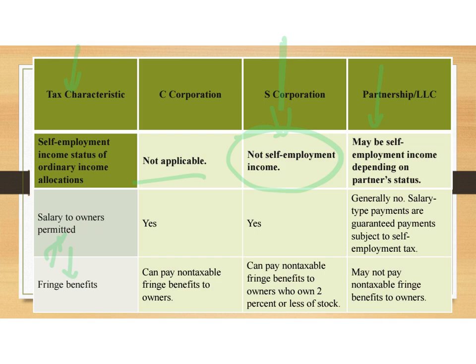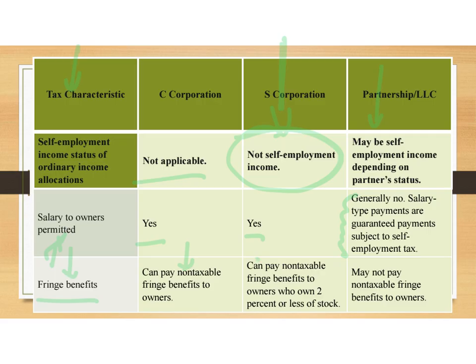Can you pay a salary to owners? Yes, for C corporations. Yes, for S corporations. But remember, with partnerships, salary type payments are not called salaries. They're called guaranteed payments, and they're subject to self-employment tax. Fringe benefits are not taxable to owners.